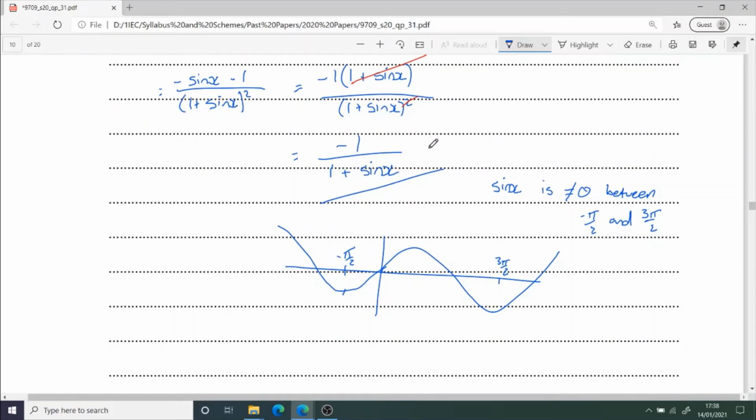Okay, and sine x is only going to vary between 1 and minus 1, therefore the derivative is always going to be negative.